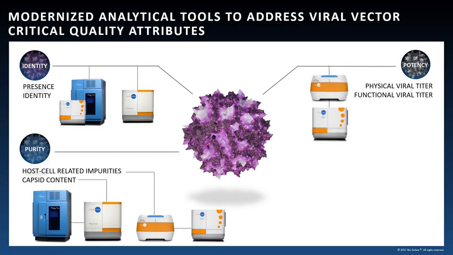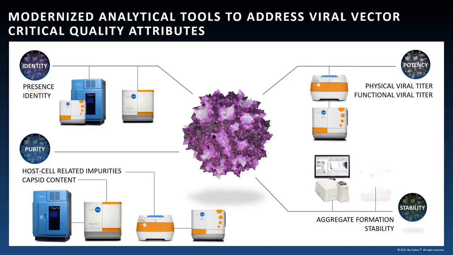For potency, our Simpleplex and Simple Western platform can provide valuable information on physical and functional viral titer. And lastly, for stability, our MFI and Maurice platforms can provide information on aggregates as well as overall particle stability.